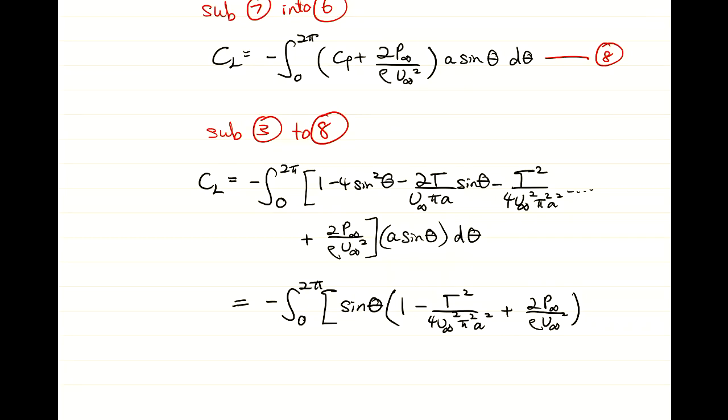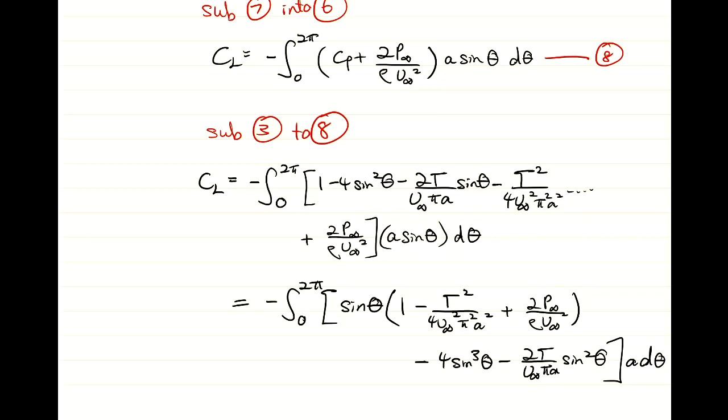So it's going to be minus 4 sine cube theta minus 2 gamma over u infinity pi a sine squared theta. Okay, and all of this is multiplied with a d theta. Everyone following me so far?